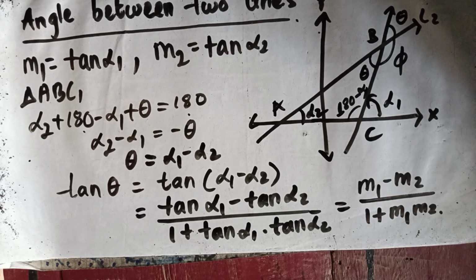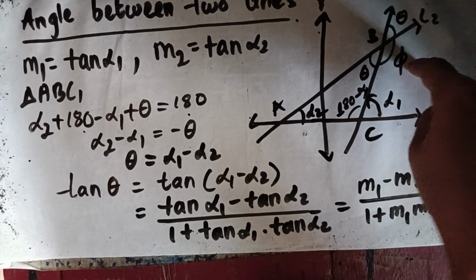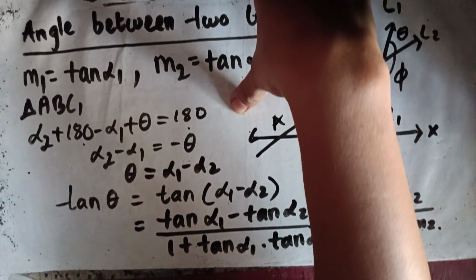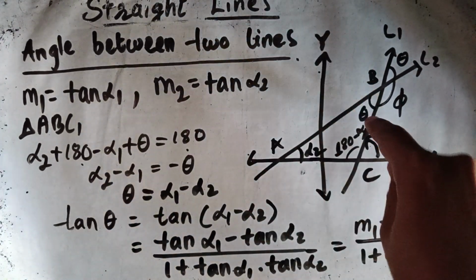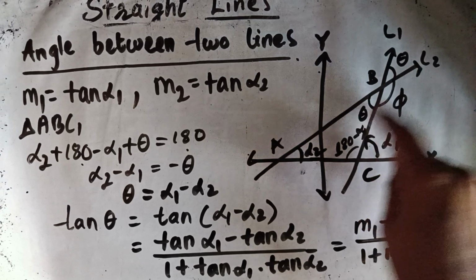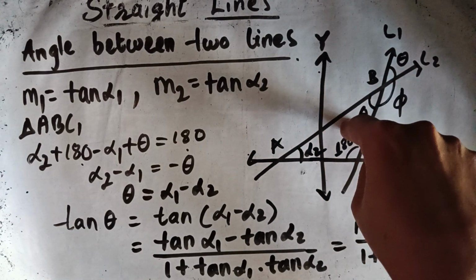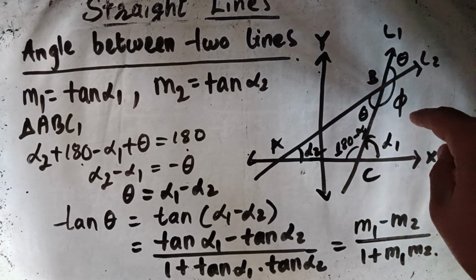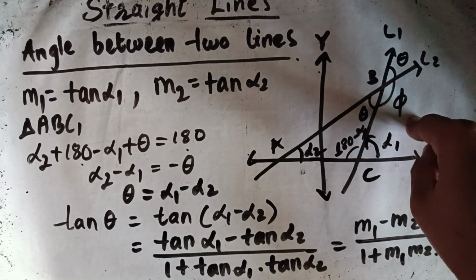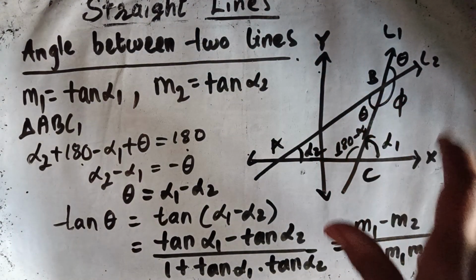That is, if m1 minus m2 is positive, this thing is positive, then tan theta will be positive and tan phi will be negative. That is this angle phi. Which means theta will be acute and phi will be obtuse. So this will be close to 90 and this is greater than 90, if the answer is positive.